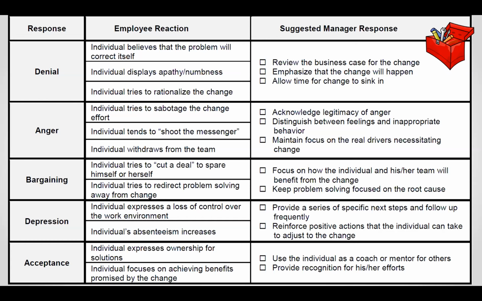So I bargain and see if I can cut some kind of a deal for myself. So the manager's response is, again, going back and trying to see if you can accommodate the request that is being made. If the request cannot be accommodated, then you provide more information about how this change is beneficial, or give some more information on why this change had to happen, and so on.